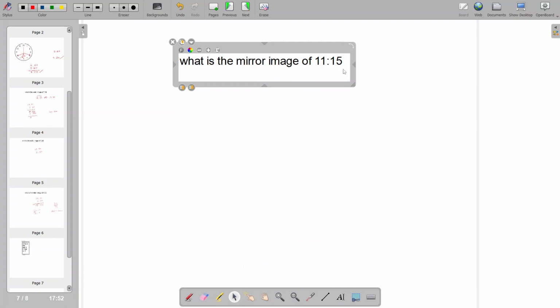I'll give a second question. What is the water image of, sorry, not mirror image, water image. What is the water image of 12:45? Okay, solve these two questions.